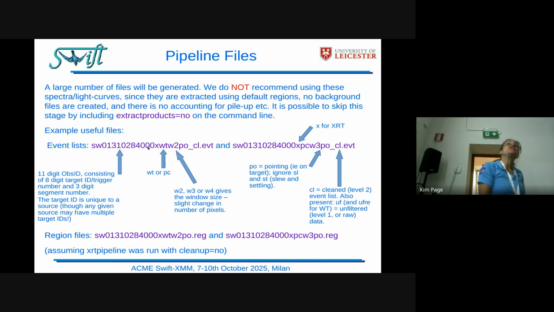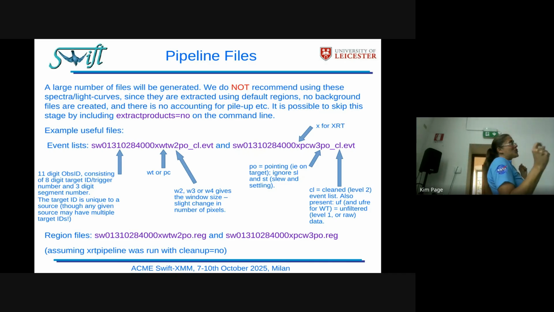The last 3 digits are known as the segment number, and this is because we observe most sources more than once, honestly. So for a GRB, the first observation will start 000. For anything that isn't a GRB, the first observation would be 001. And you go 002, 003. Occasionally, a number will be skipped. It doesn't mean anything. It's just how the science planning happens.